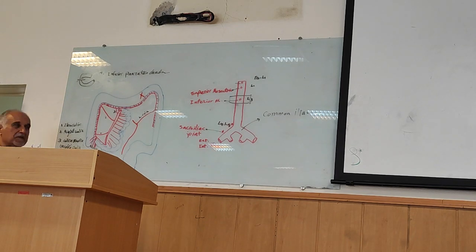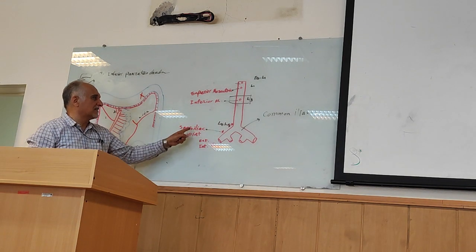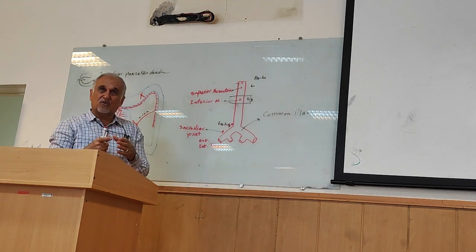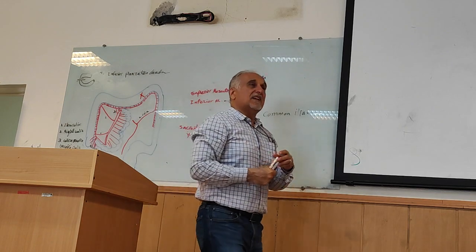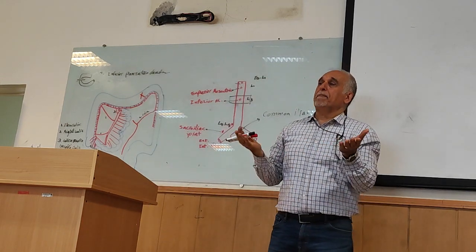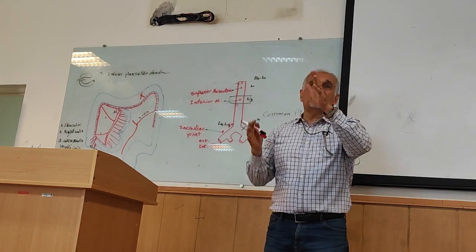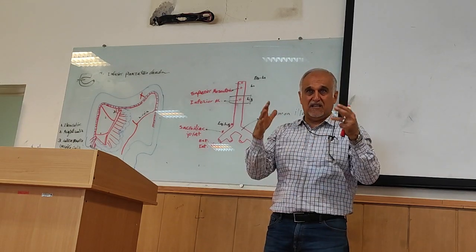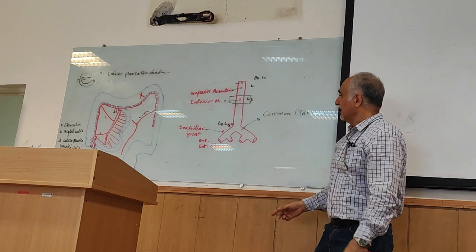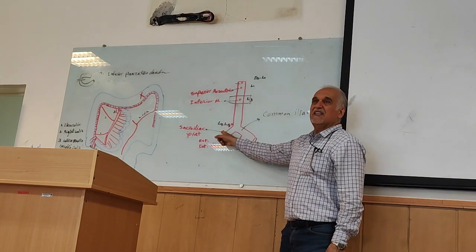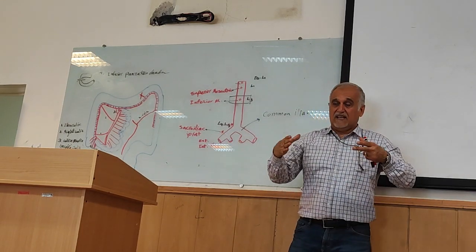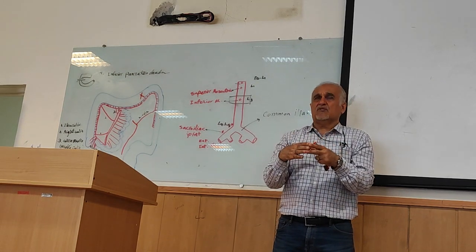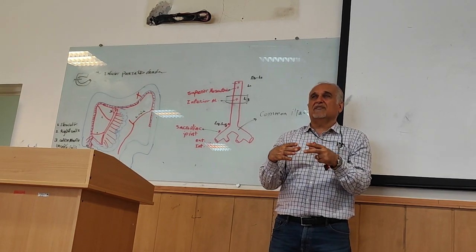Pelvic brim means this part, the sacroiliac joint, that is connected to the border of the hip. Can you remember the medial border of the hip? Pelvic. It terminates here.